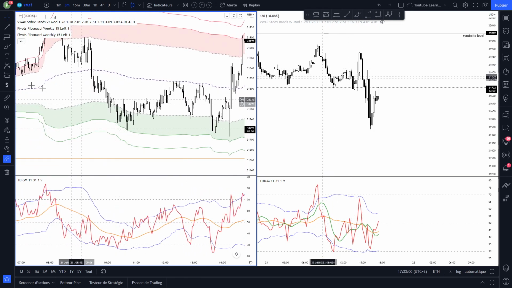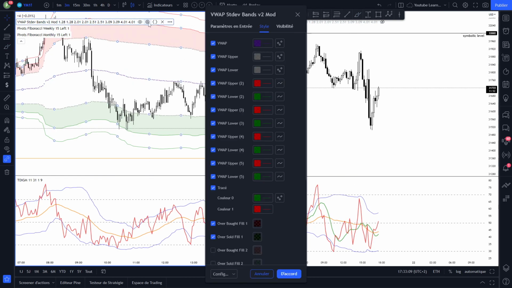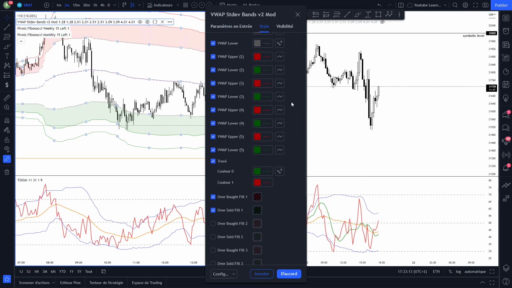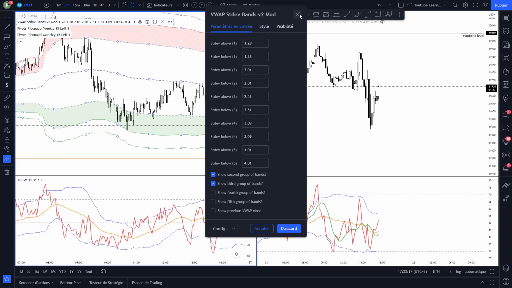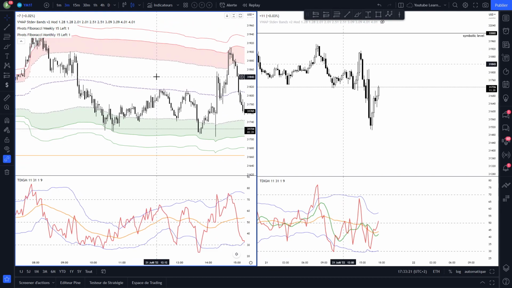So for the VWAP indicator, I will show you my settings. You can pause the video and use the same settings that I am using. I think it's pretty close to the base settings.